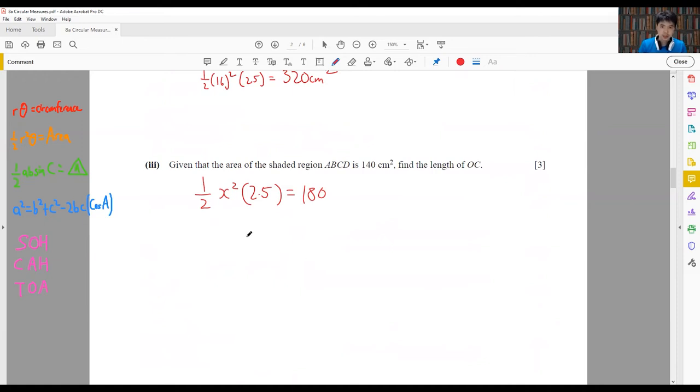You would have gotten that x is basically 180 multiplied by 2, because they bring the half up, and then divide by 2.5, and then bring the square root over, you would have gotten x is equal to 12. And that's it. That's the length of OC.